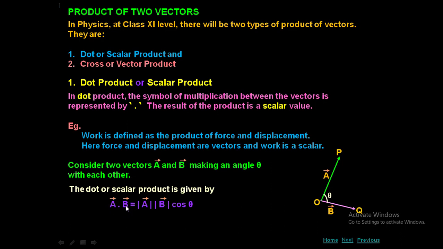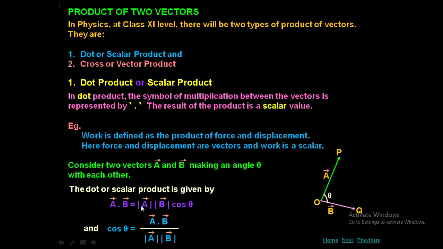This is the representation of dot product. A bar dot B bar is equal to modulus of A bar into modulus of B bar and cos theta. And cos theta is equal to A bar dot B bar by modulus of A bar into modulus of B bar.